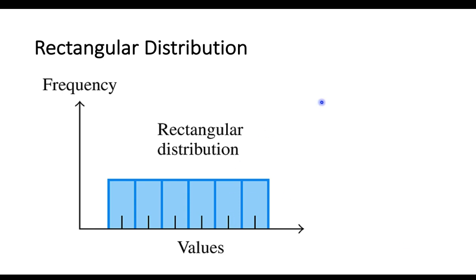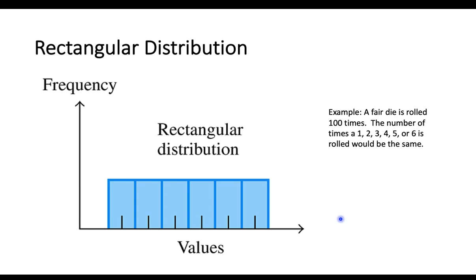Okay, so first of all, we're talking about a rectangular distribution. In a rectangular distribution, the frequency is on the vertical axis and the values would be on the horizontal axis. And in a rectangular distribution, the frequency of each of these data values should be the same.